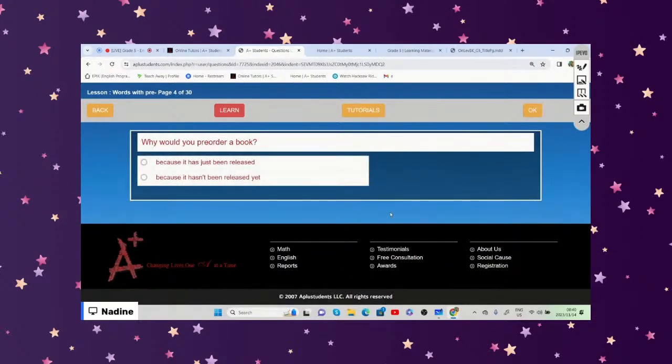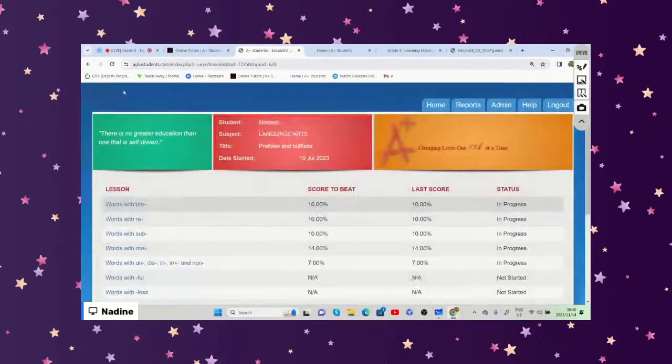So basically, we are doing prefixes and suffixes, right? And we said that a prefix is a group of letters or a word that is added at the beginning of a word. It's added in front of our main word, which is called our root word, and then it changes its meaning.